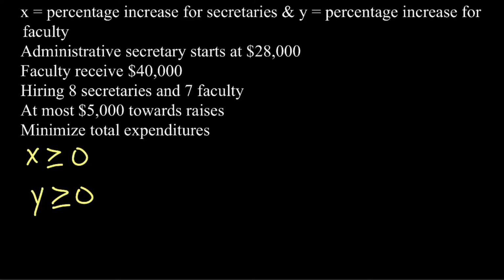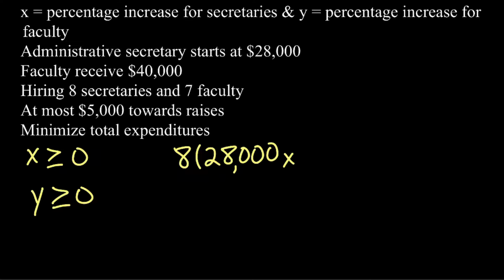Now, because they want to spend at most $5,000 towards raises, we can think of these eight secretaries who right now receive $28,000 as their starting pay. If we're going to give them a percentage increase, that will be the x.